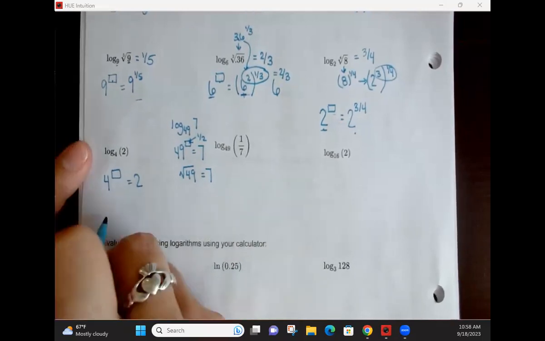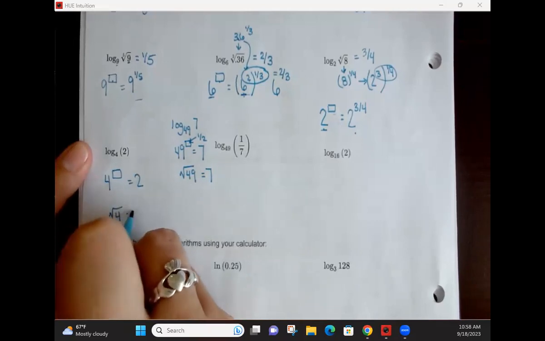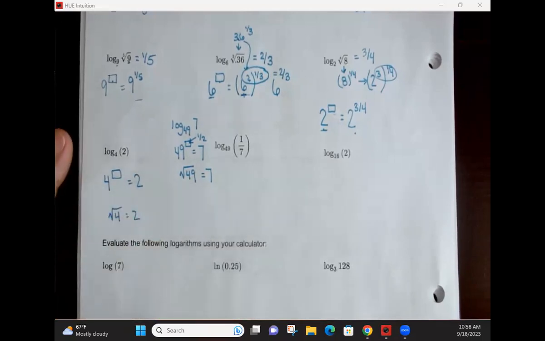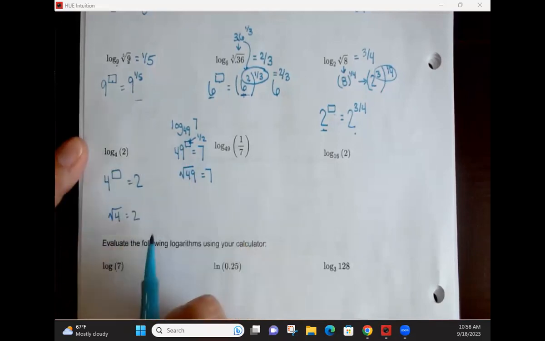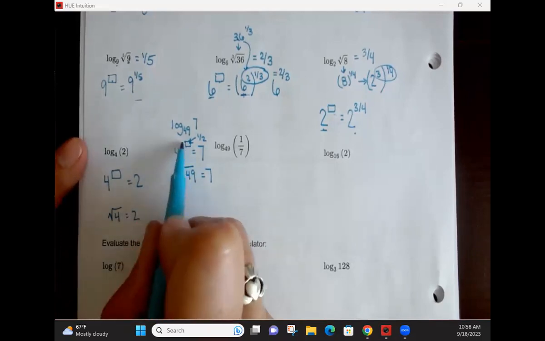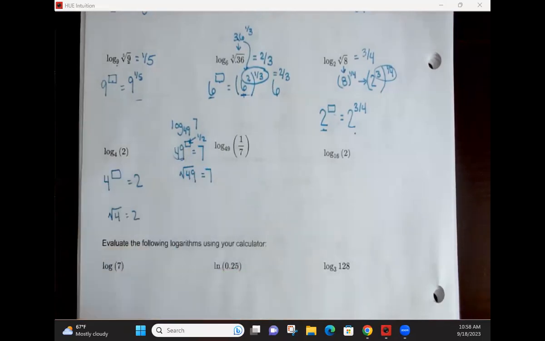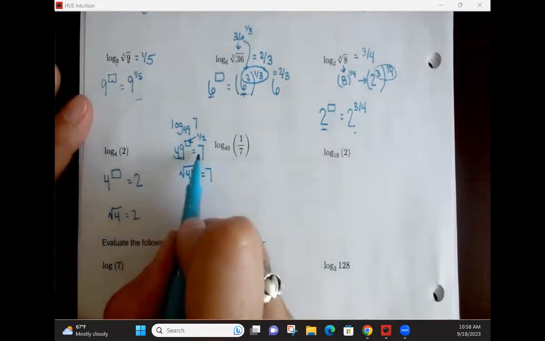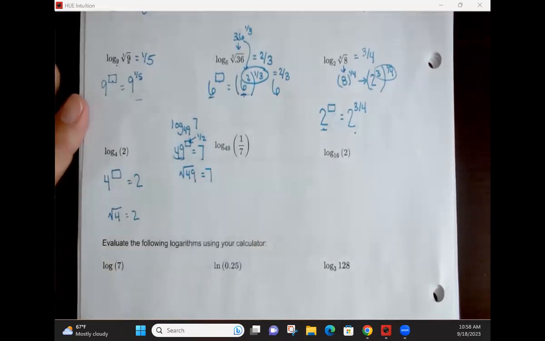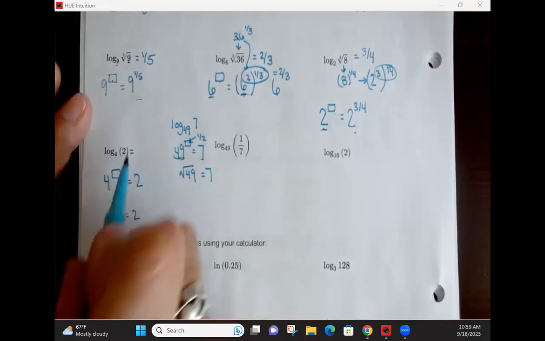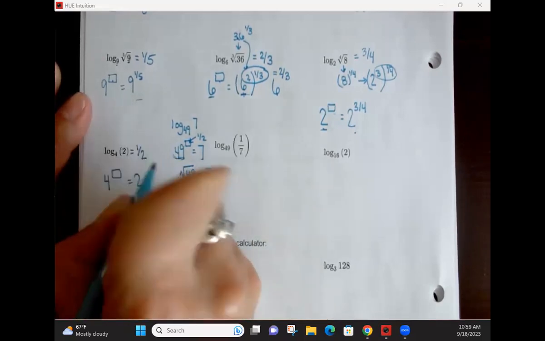I want to do the square root of 4 to get 2. I want you to notice for both of these, we are going from a big number to a smaller number. Both integers, no fractions here, but from a big number to a smaller number means we are taking some kind of root. Okay. We can represent a root with an exponent. A square root would be a 1/2 power.